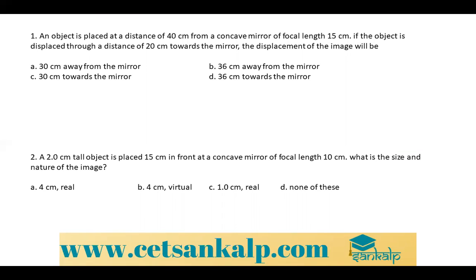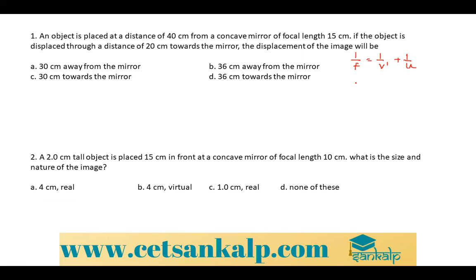be. Okay, first case, here u is given as -40. So first, the formula: we'll write down the formula. It is given as 1 by f is equal to 1 by v dash plus 1 by u.